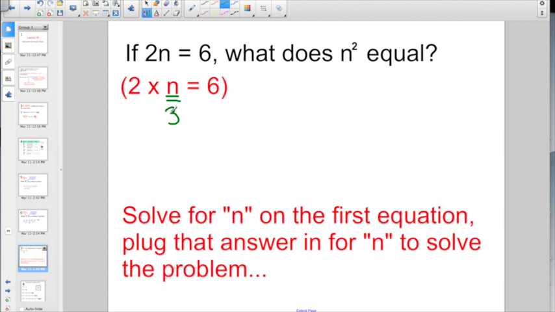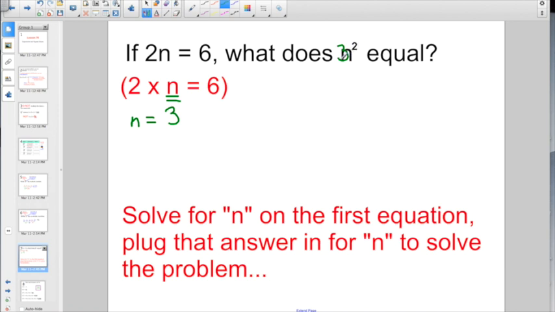Once you have the answer for what n equals, plug that answer in for the other n to solve the problem. If we know that n is equal to 3, go and put a 3 in place of the n here.